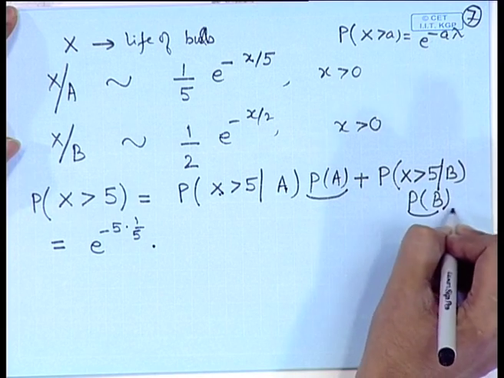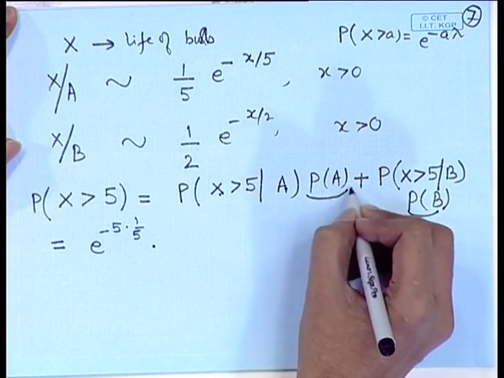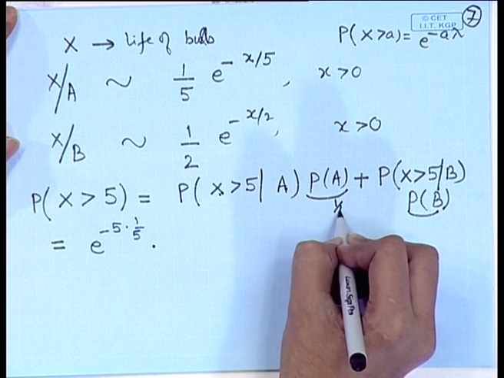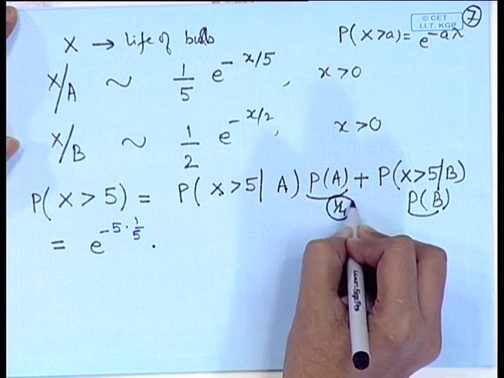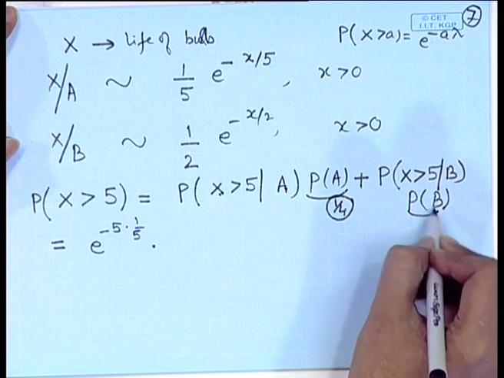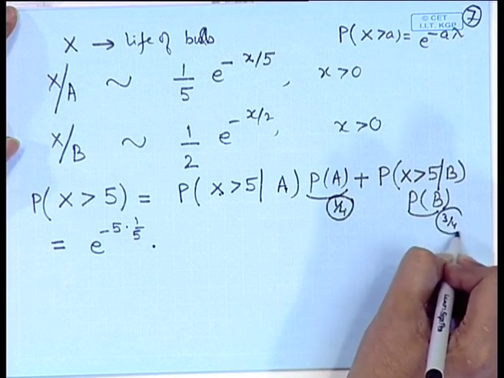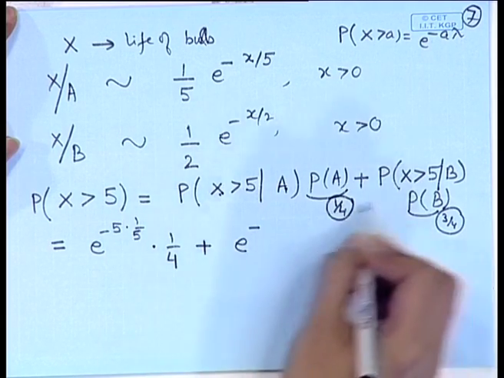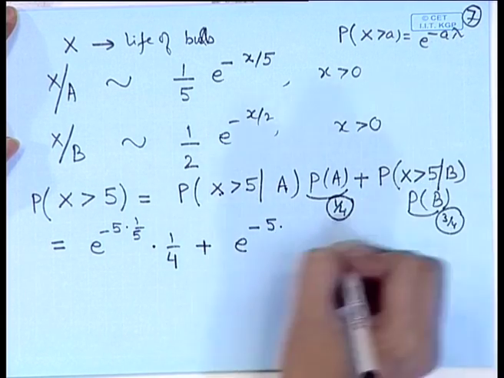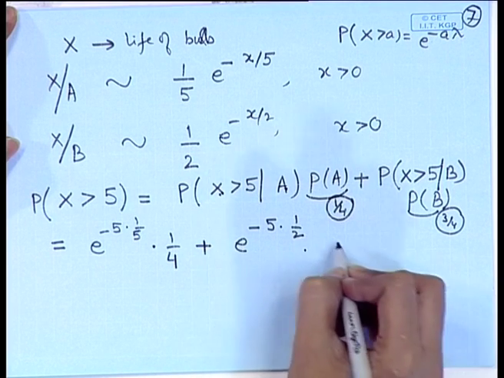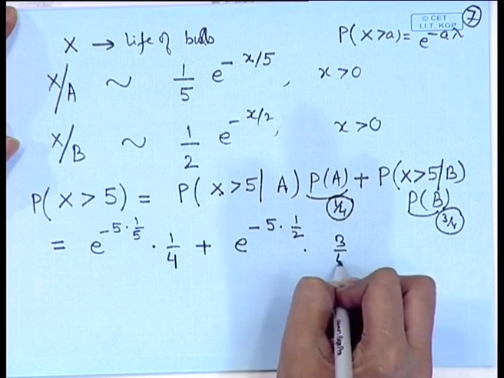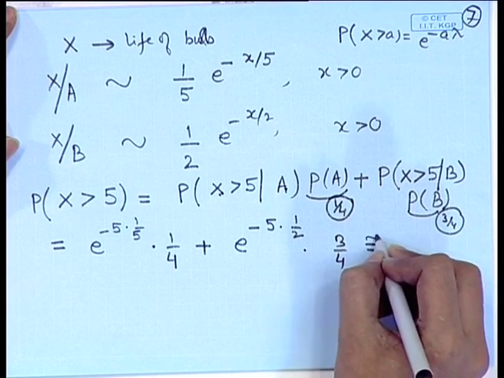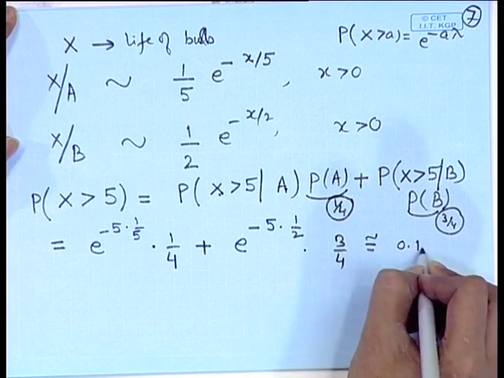It is given that B produces 3 times as many bulbs as A. So, the probability of the bulb being selected from A is 1 by 4 and the probability of B is 3 by 4. So, this is into 1 by 4 plus e to the power minus 5, here the parameter is 1 by 2, into 3 by 4. So, this can be simplified and it is 0.1534.